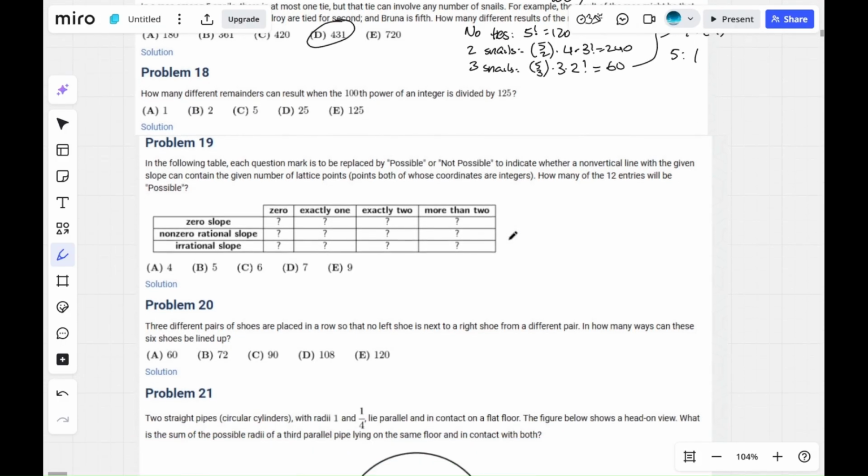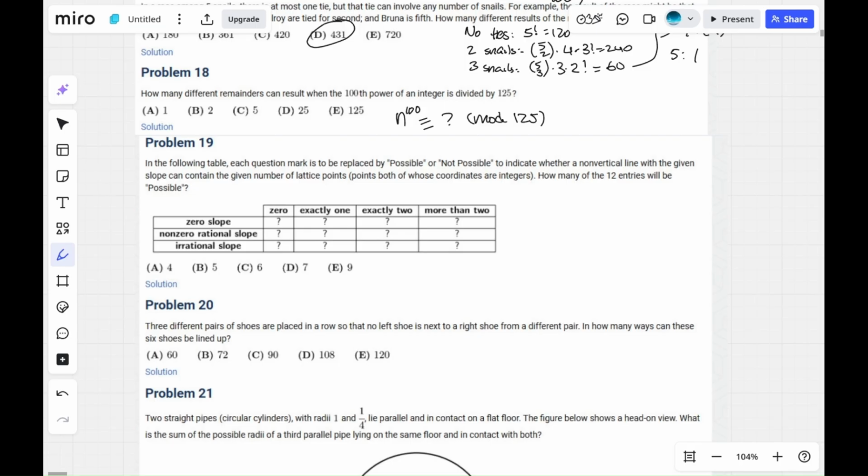Question 18. How many different remainders can result when the 100th power of an integer is divided by 125? So we can say n to the 100 is congruent to something mod 125, and we're looking for that something.